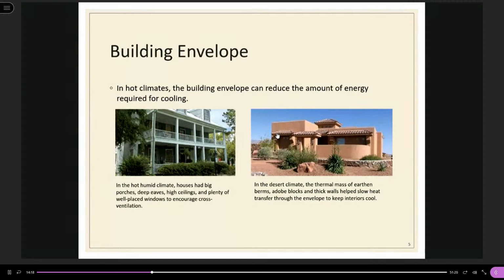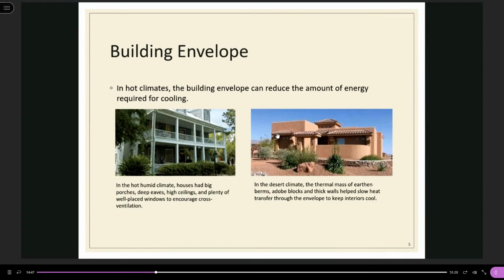Okay, and on the left-hand side, hot, humid climate. The houses had big porches, deep eaves, high ceilings, and plenty of well-placed windows to encourage cross ventilation. So in this climate, the temperature may not be as hot as in the desert, okay, but it is also humid.